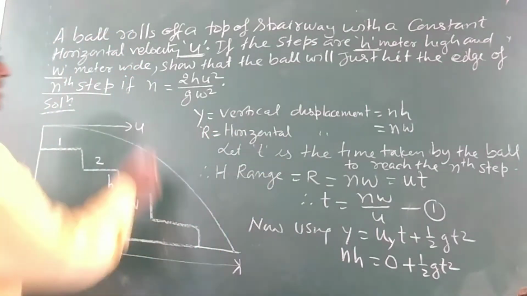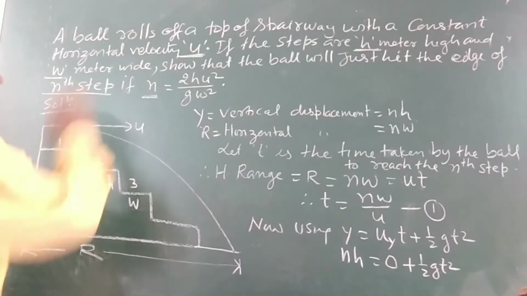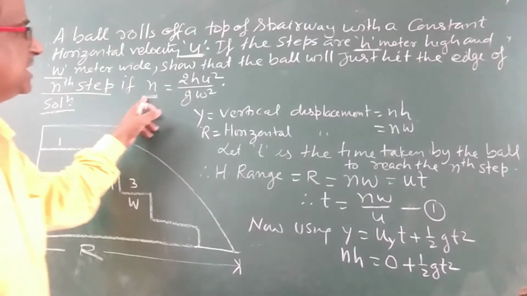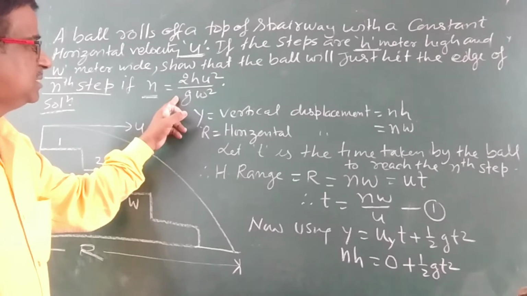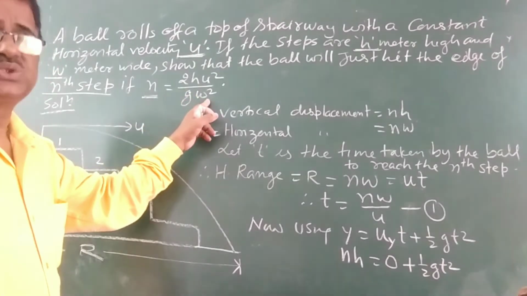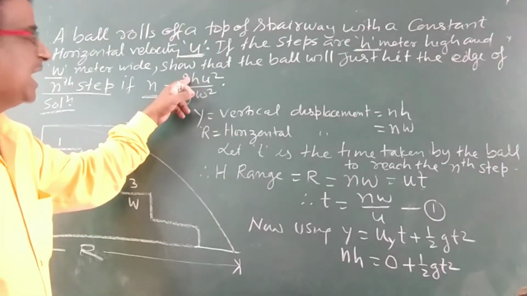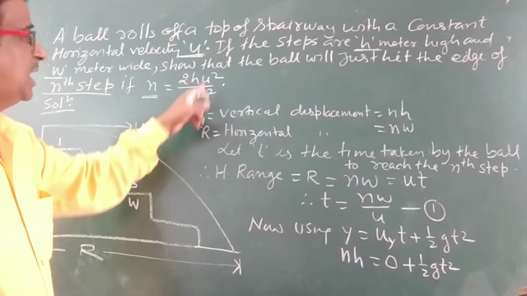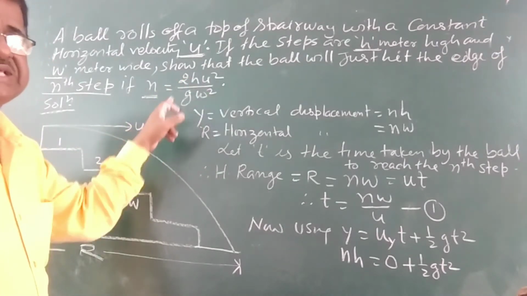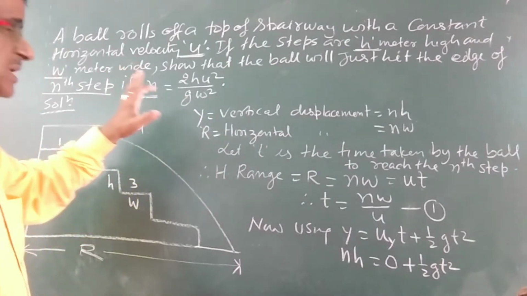Then the number of steps n is given by 2hu square by g w square, where h is the height of a step, w is the width of the step, u is the initial velocity, and g is the acceleration due to gravity.